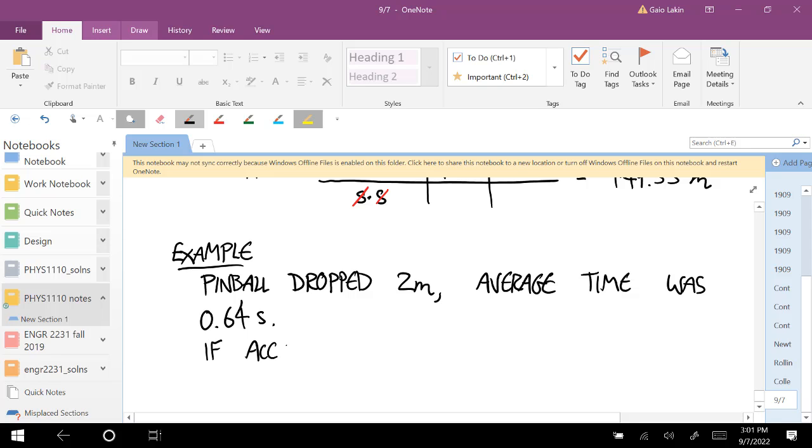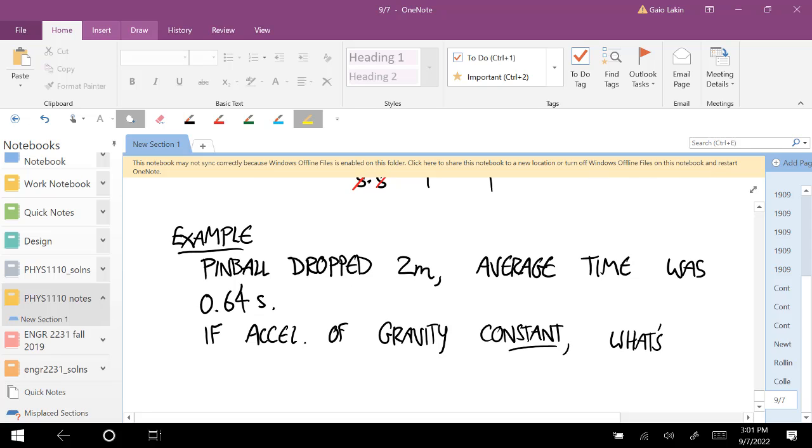So if the acceleration of gravity is constant, what's the acceleration of gravity from that experiment?